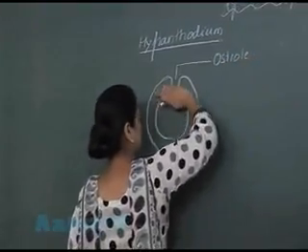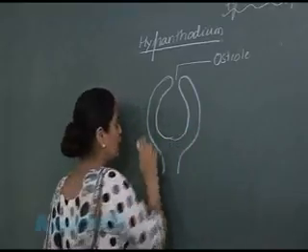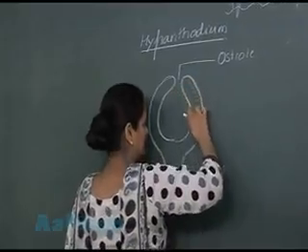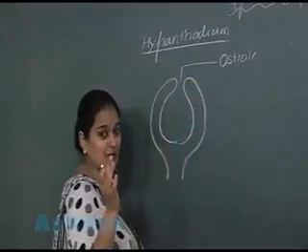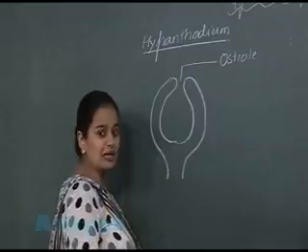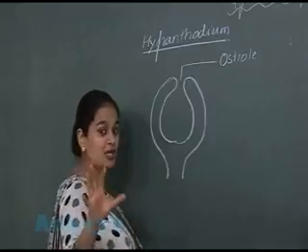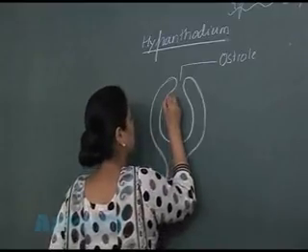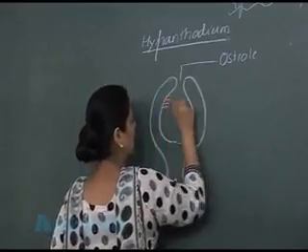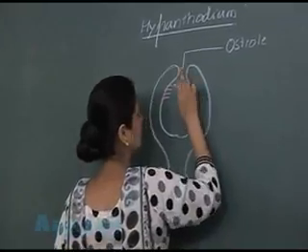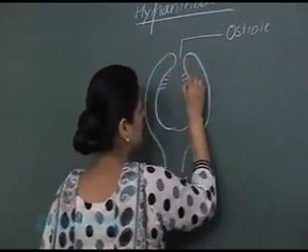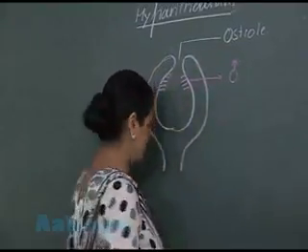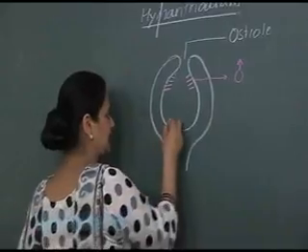And in the center there is a cavity, and on the inner side of the cavity there are flowers, and three types of flowers are associated with Hypanthodium inflorescence. On the upper side, near the ostiole, there are male flowers.